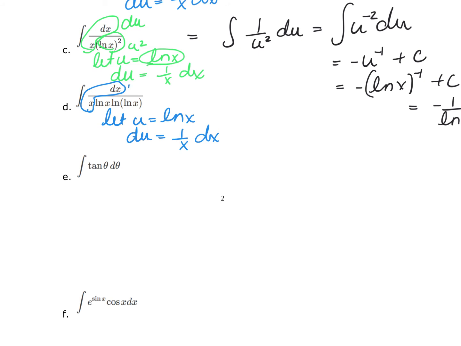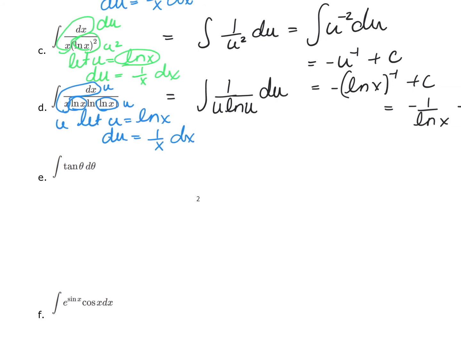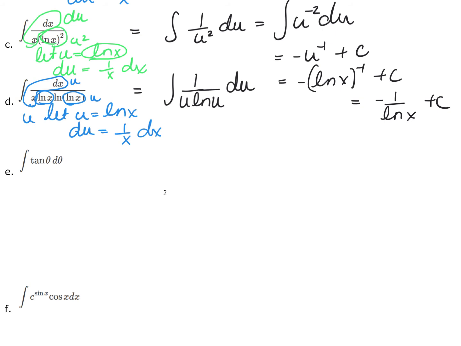This is u, this is u, and this is u. So I circled a whole bunch of stuff. So I have 1 over u, the natural log of u, du. So, all right. Still not where I want to be, so let's do this.